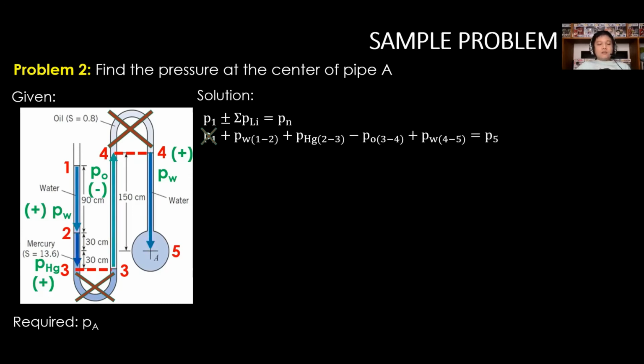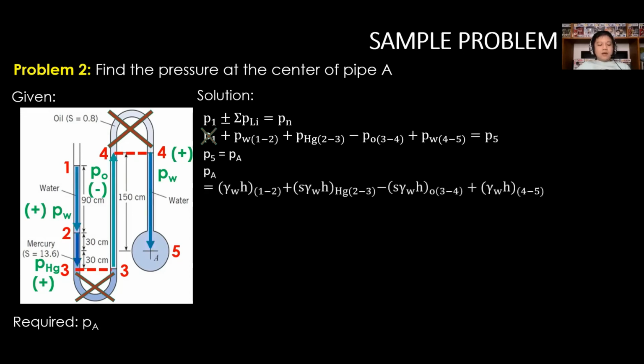And for this problem, same as the previous, the value of P1, which is at the free surface, is equal to 0. And P5 is equal to PA.